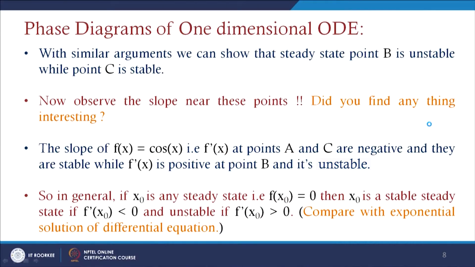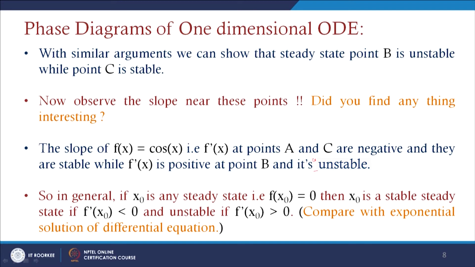The slope of f dash x at points A and C is negative and they are stable, while f dash x is positive at point B, and it is unstable here.